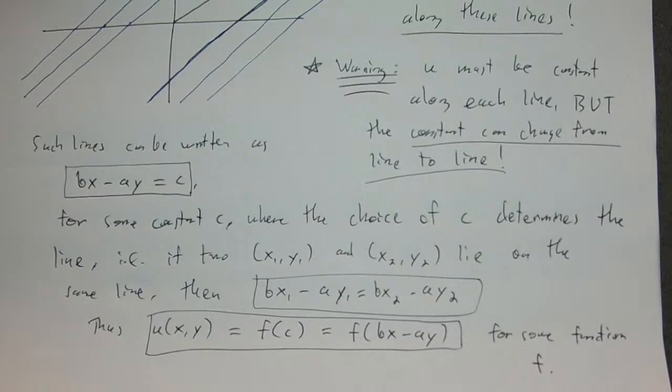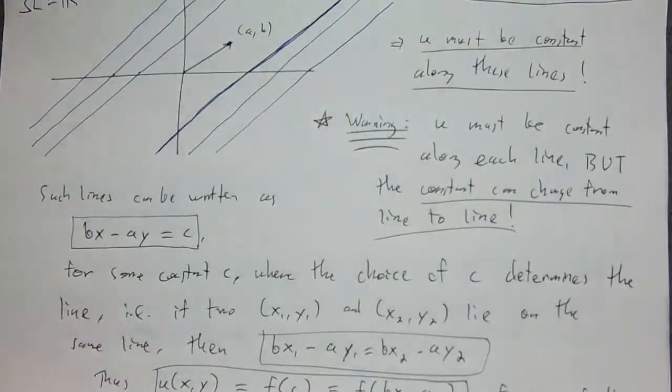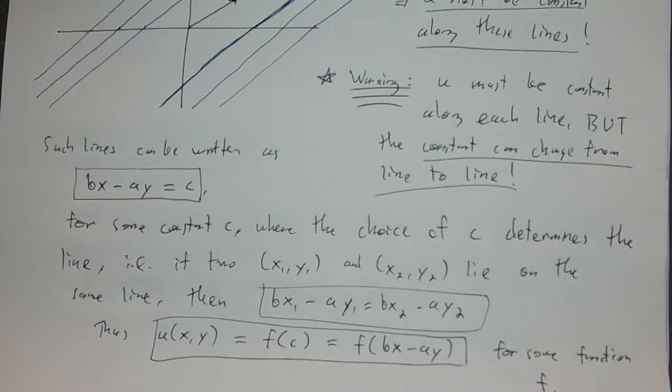So the only requirement for u to be a solution to that PDE that we wrote is that it's constant on lines that are parallel to this vector. That is it. We have just reformulated that statement into a PDE, and it turns out that PDE is exactly the same as this statement, that it is constant on lines parallel to that vector.